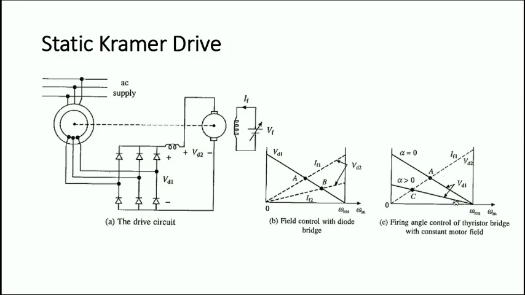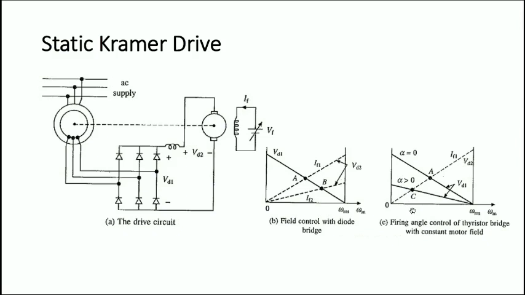So how can you vary this VD1? Instead of using the diode, if you are using thyristors, there are two methods: a full control bridge rectifier and a semi control bridge rectifier. Whichever you use, you can vary the value of VD1 by changing alpha. When alpha is equal to 0, VD is maximum, and when alpha is greater than 0, whenever alpha is increasing, VD1 will reduce, and further reduce, and at some point it will reach 0 also.